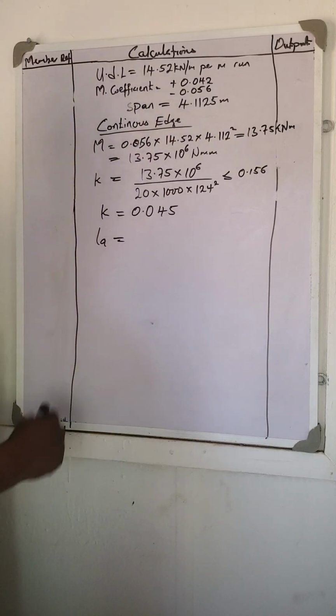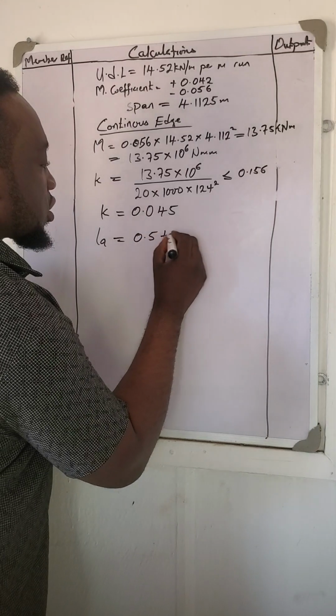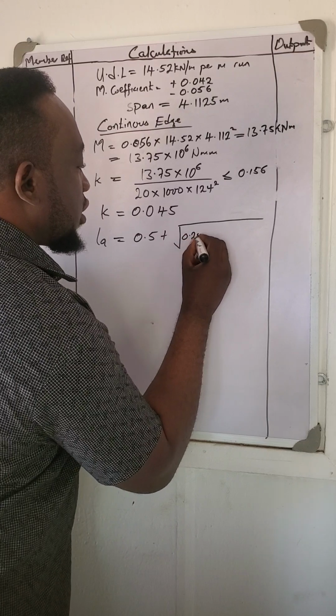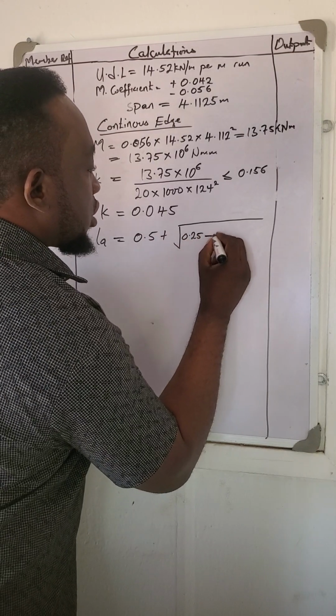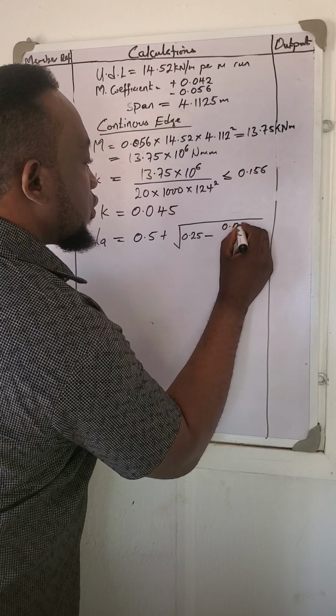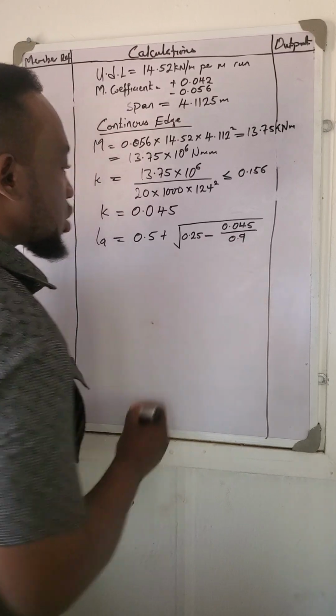Then the next step, you calculate for your LA. LA is equal to 0.5 plus the square root of 0.25 minus K over 0.9, which is a constant.